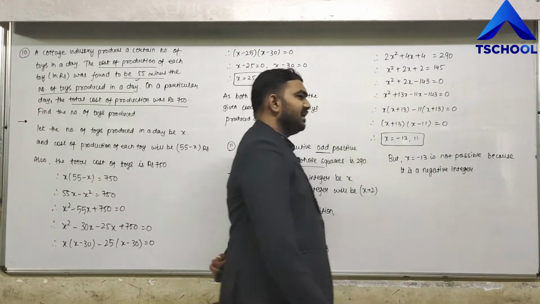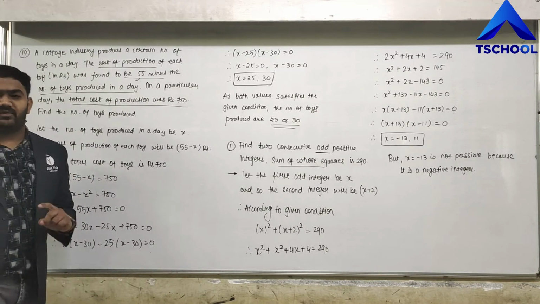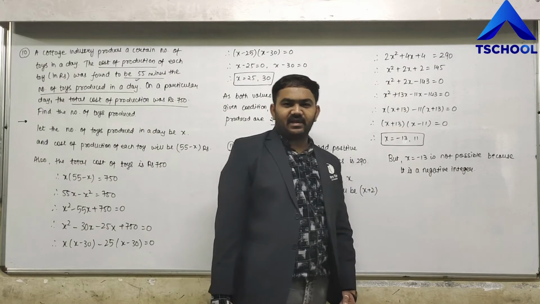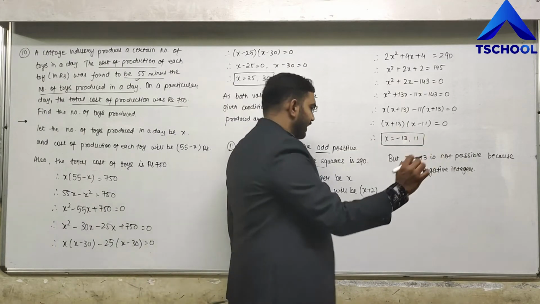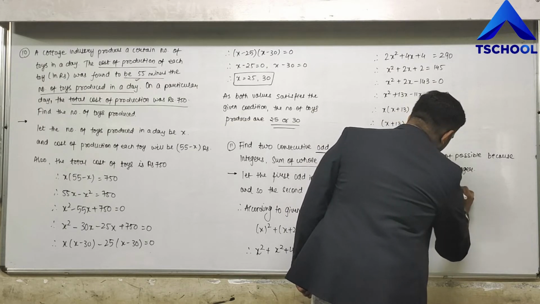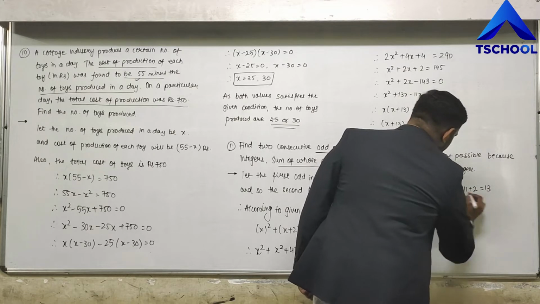The question says to find two consecutive odd positive integers, so we only require the positive ones, and x equal to minus 13 is a negative integer, so we are not going to talk about that. Therefore x is equal to 11, and x plus 2, that is 11 plus 2, is equal to 13.